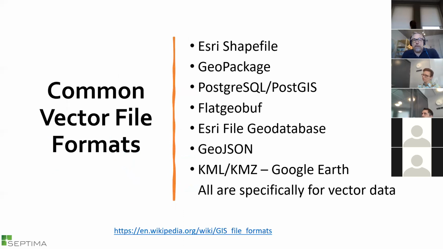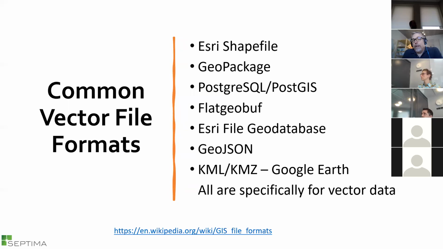And with the vector data model, there are several common file formats. There's the Esri shapefile, which even as old as it is is probably the most common vector format globally. There's a new one called a GeoPackage, which we will work with especially in the next course.